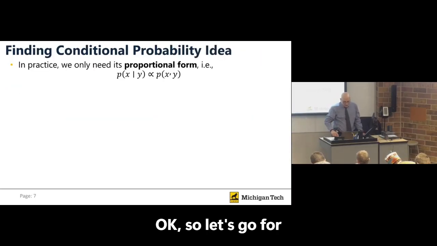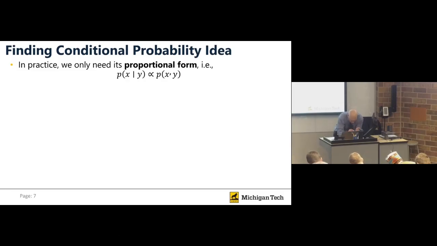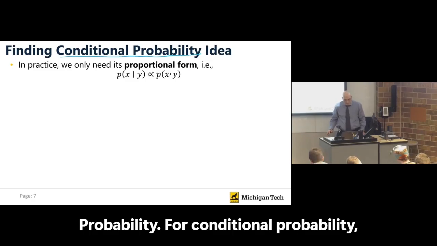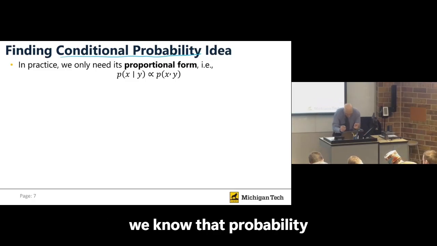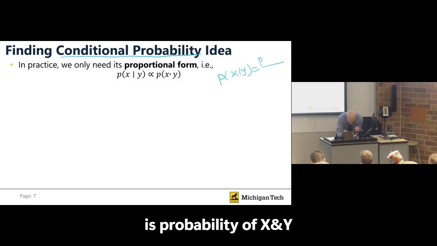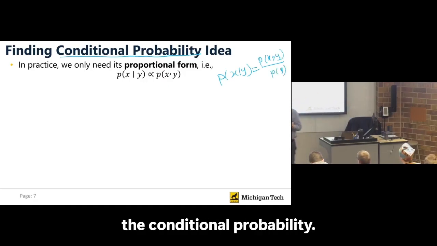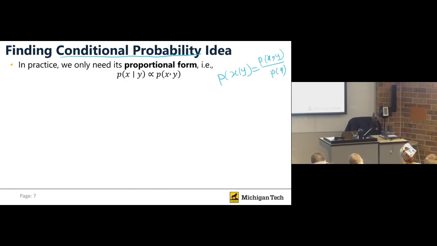Okay, so let's go for another part, that is conditional probability. For conditional probability, we know that probability of x given y is probability of x and y over probability of y. You remember that? That's a conditional probability. Okay?